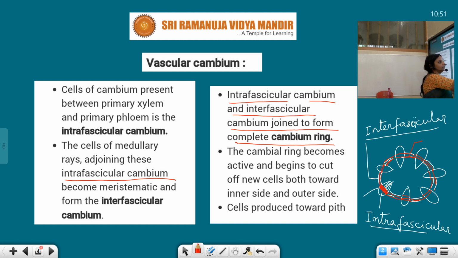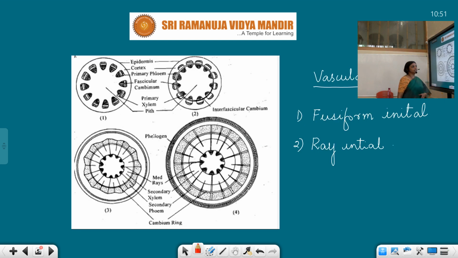This cambium ring becomes active and forms two types of initials. One is called fusiform initial and the second one is called ray initial. So two initial structures are formed by its activity.